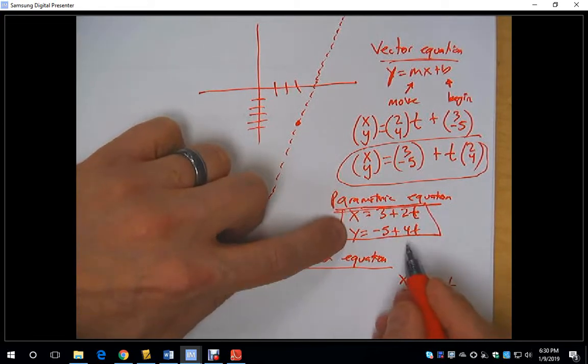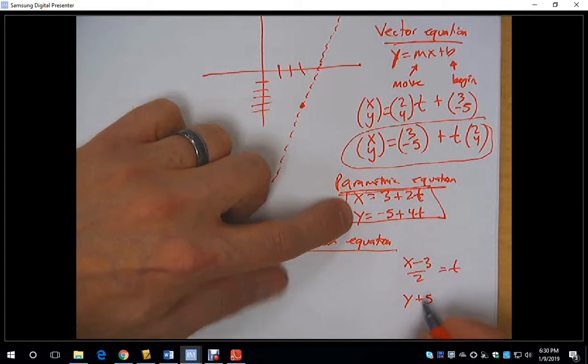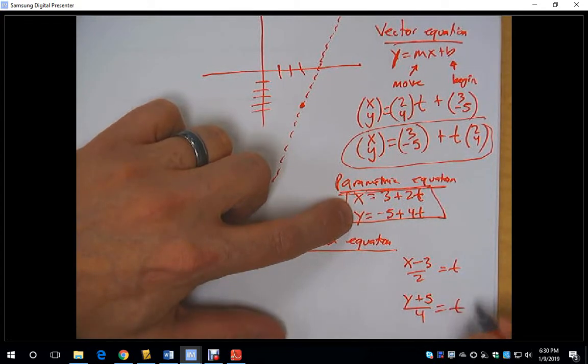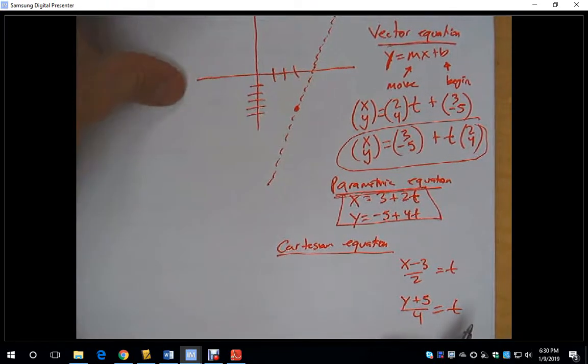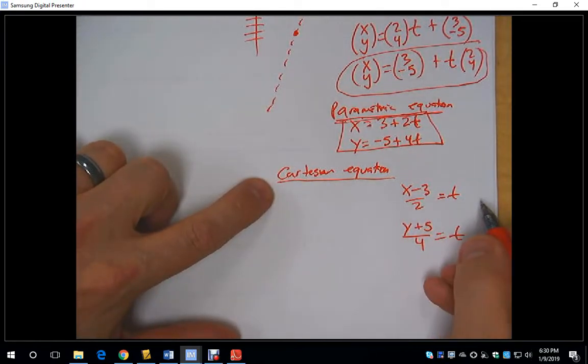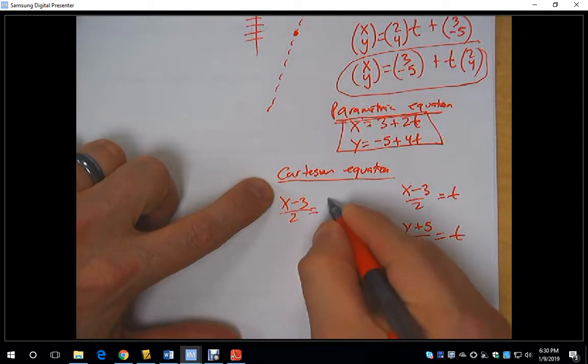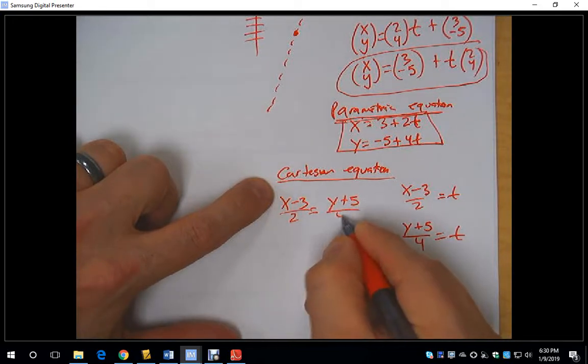I also have, if I add 5 to both sides, y plus 5, and then I'm going to divide by 4, and that equals t. So I have two equations in terms of t. For my Cartesian equation, because t equals t, that gives me (x minus 3) divided by 2 equals (y plus 5) divided by 4.